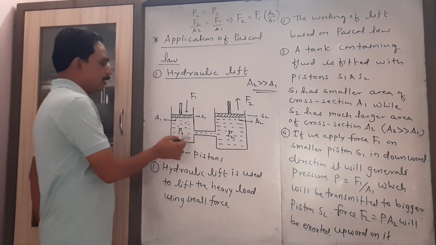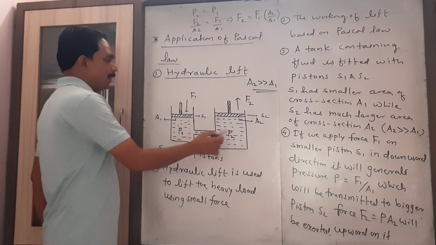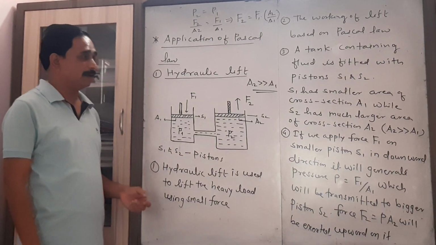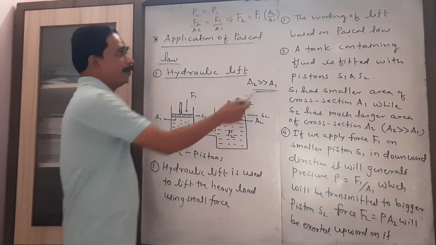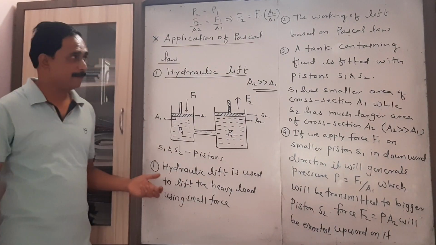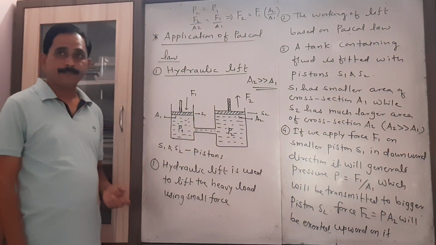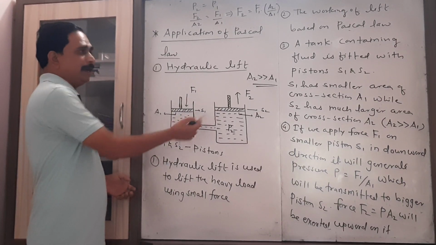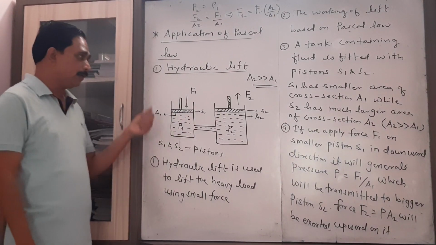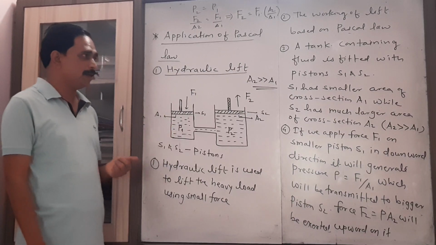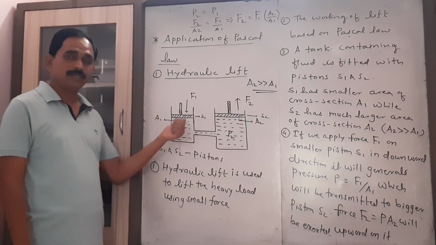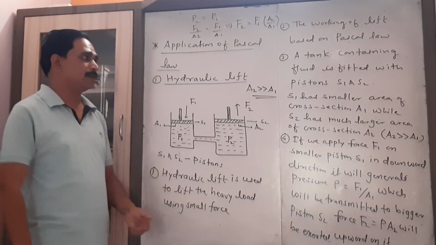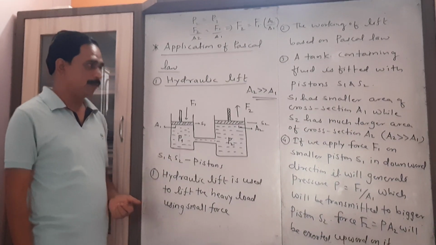And a certain fluid is present in both the cylinders. So the third point I wrote here: a tank containing fluid is fitted with two pistons S1 and S2. S1 has a smaller area of cross section, A1, and S2 has a greater area of cross section, A2.